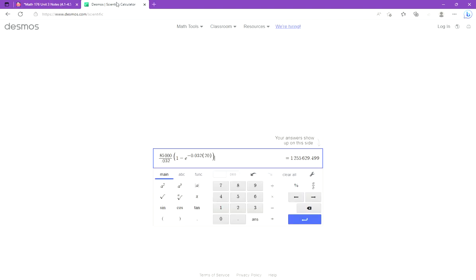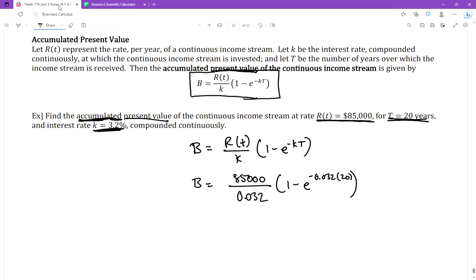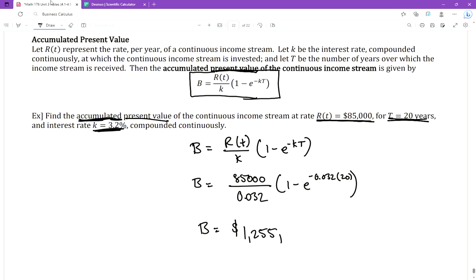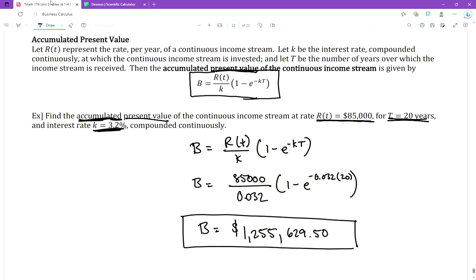So that value amounts to 1,255,629.50, which is the accumulated present value.